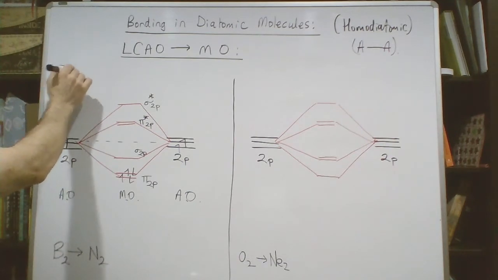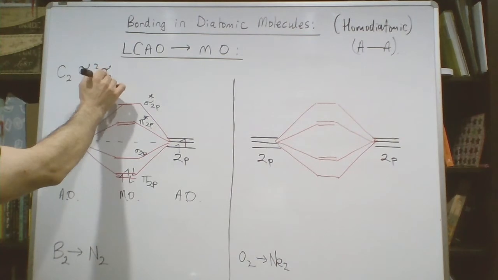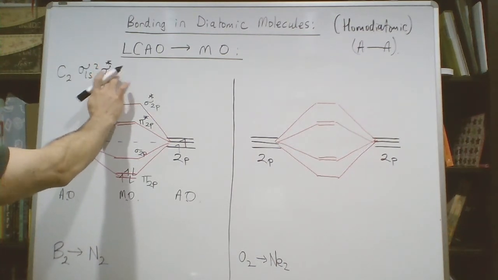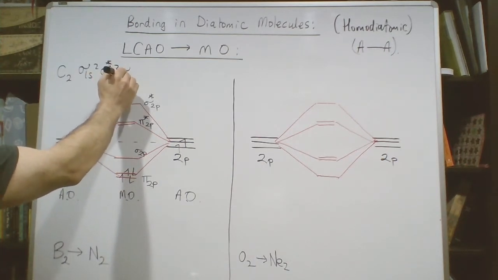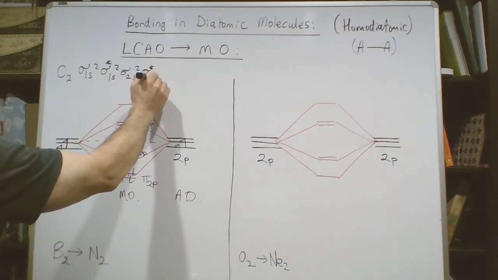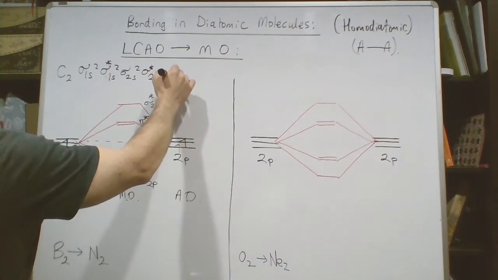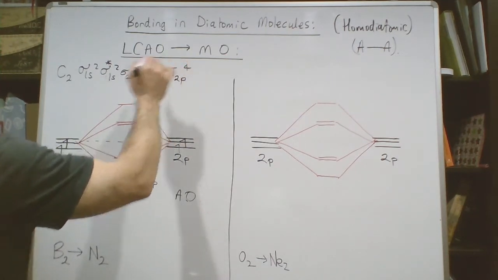So dicarbon, we've got sigma 1s2, sigma star 1s2, sigma 2s2, sigma star 2s2. Then we've got pi 2p4.